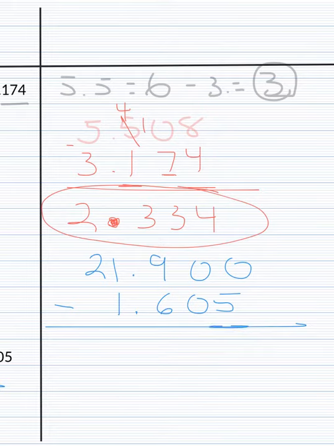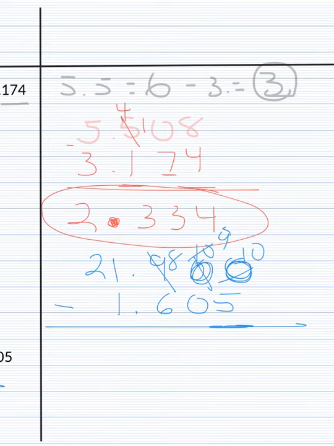Now, I can't take 5 away from 0, so I have to go next door. Well, this 0 right here doesn't have anything to offer, so I'm going to go to the 9, and that's going to become 8. This becomes 10, but because this 0 needs to borrow, this is 10, and now this would become 9. All right?